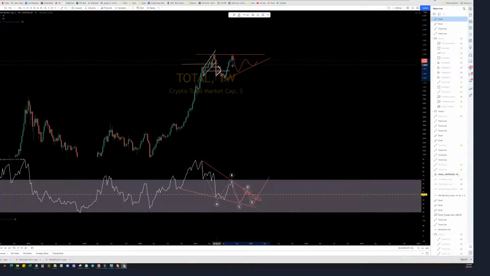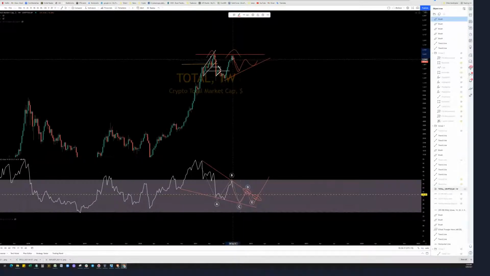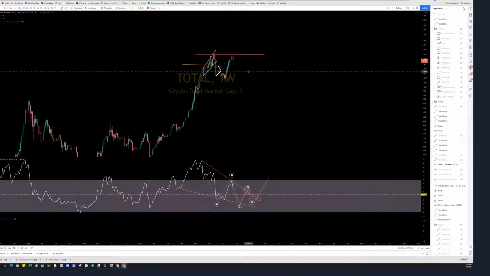So we might slowly drift down, because if this is a double top, generally what happens is you do descend a bit deeper, and so that's a bit bad, I suppose. Or you can consolidate here and be very bullish and just break out. So that's going to be hard to determine by just looking at that. There's definitely a few scenarios, and we just got to see what happens there.